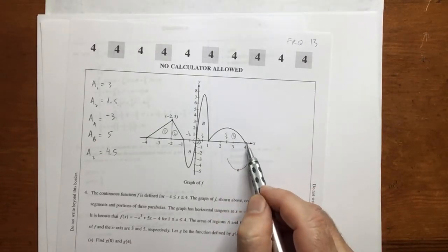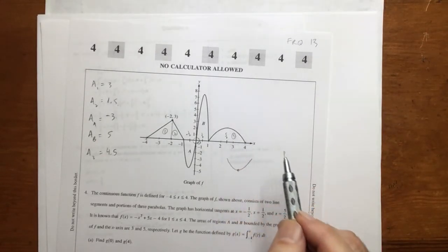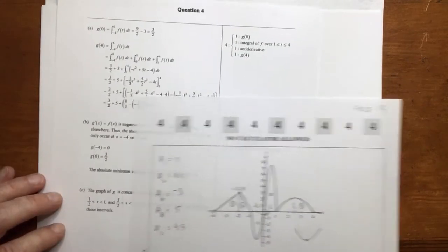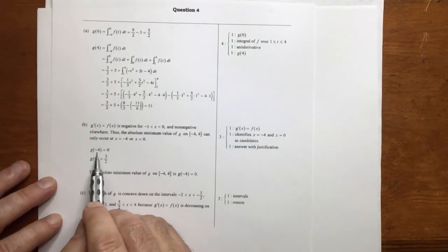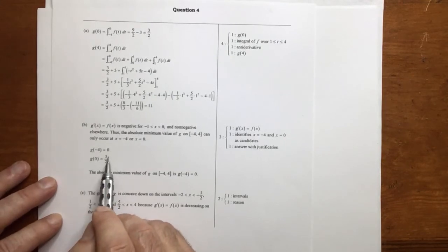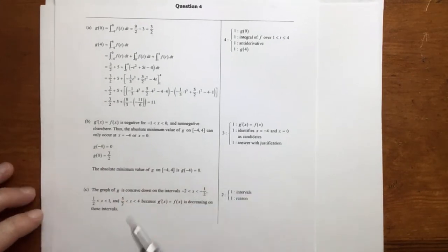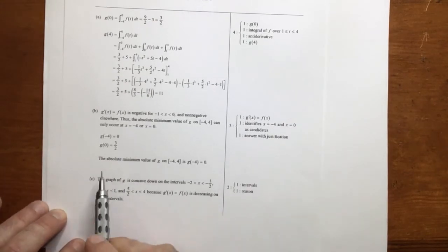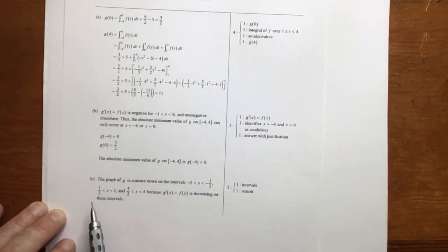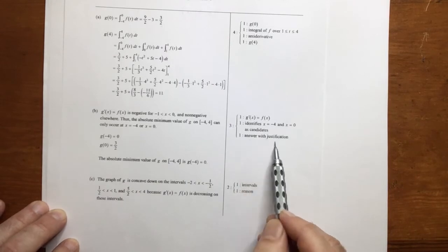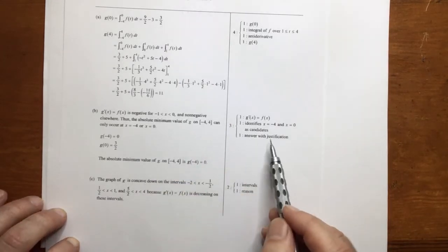And so this couldn't possibly be a minimum. Okay, so I'll just show you their answer. The g of -4 was 0. The g of 0 is 3/2, the only two places where we could have a minimum. And so then we write out the solution right here. Justify with work everything that you've done here.